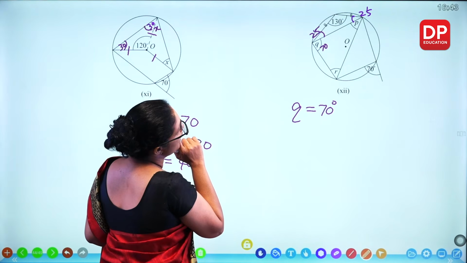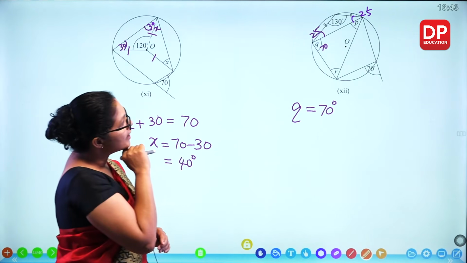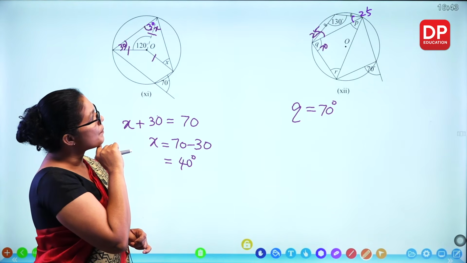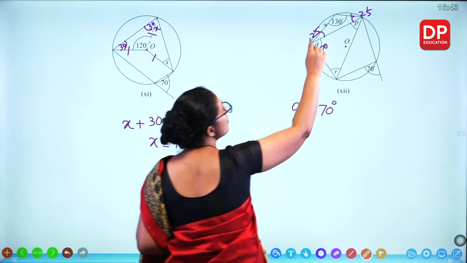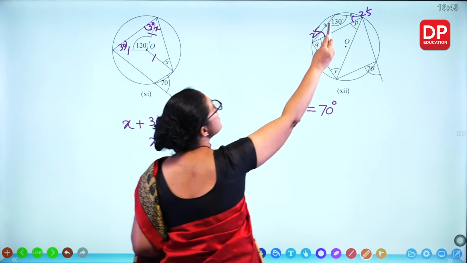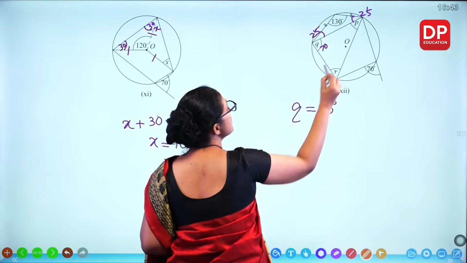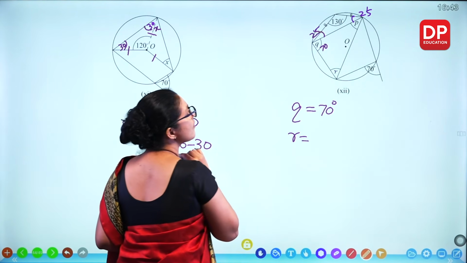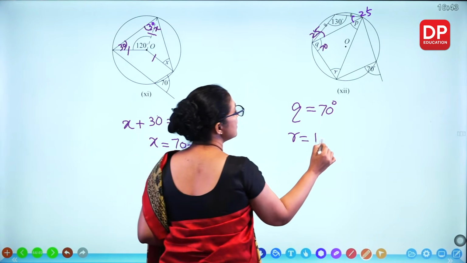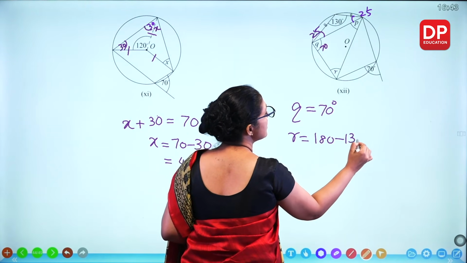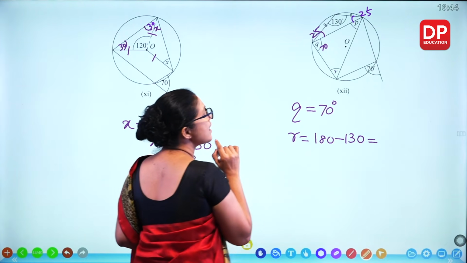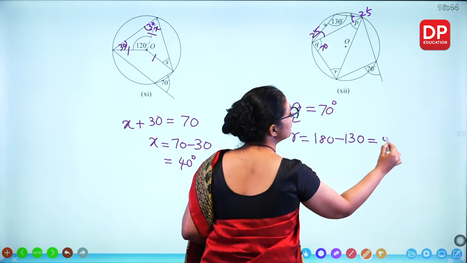And how can we find out P? Look carefully. This is also a cyclic quadrilateral. This is 130. So what is R? R is 180 minus 130. Opposite angles are supplementary.